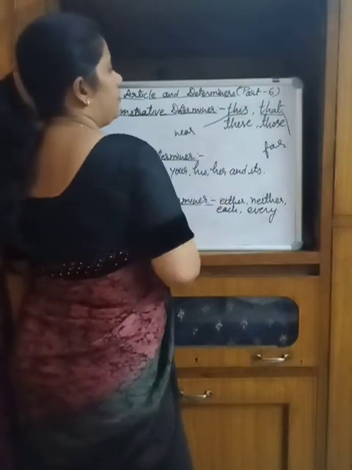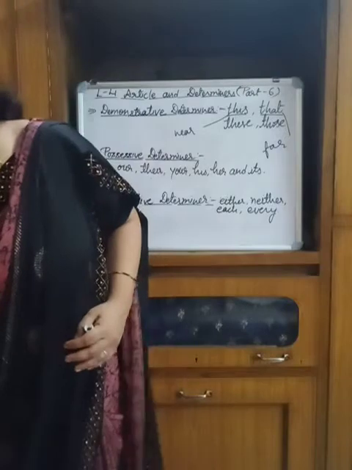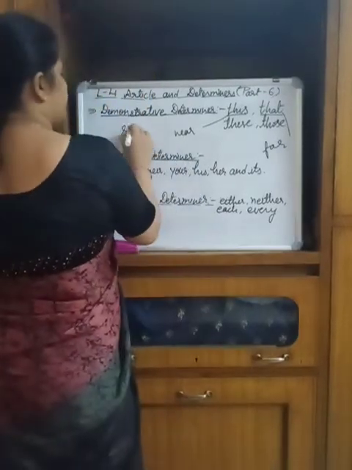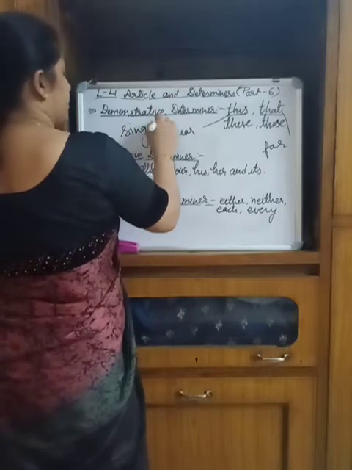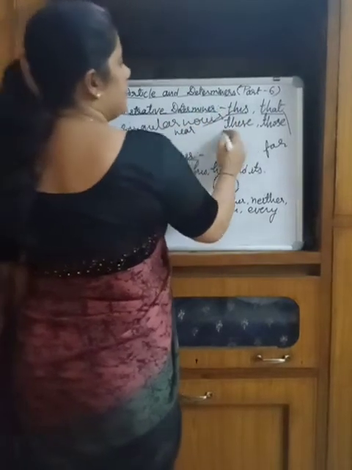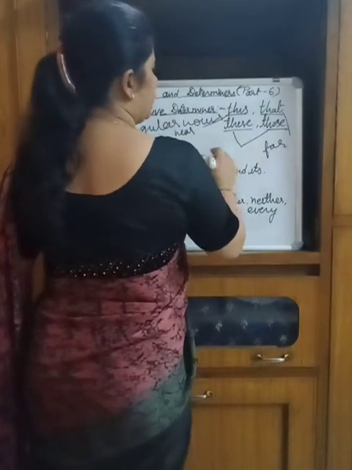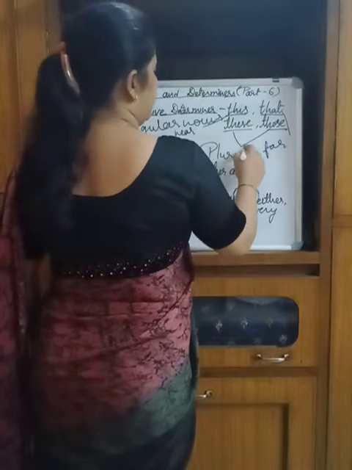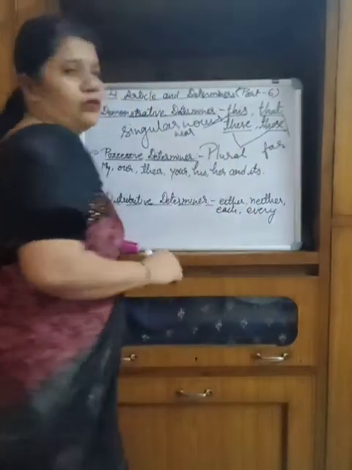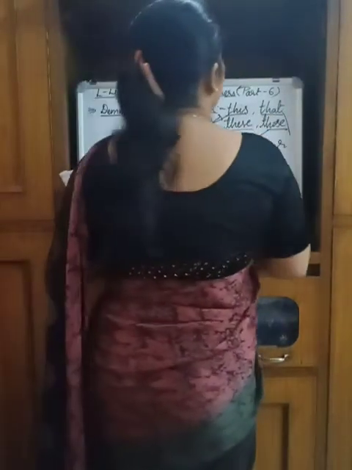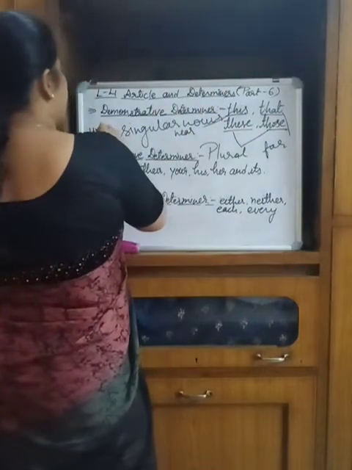This and that we use with singular nouns, and these and those we use with the plural form of nouns. One more thing is that this and that can be used with uncountable nouns also.